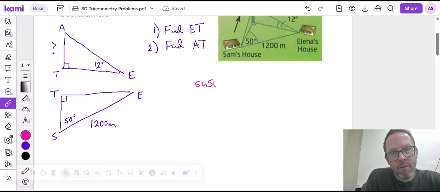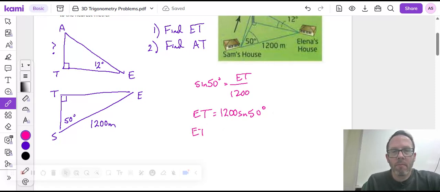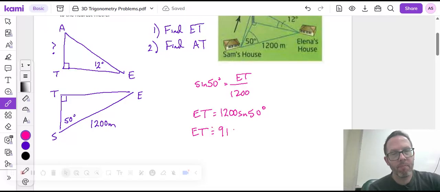Sine of 50 degrees equals ET over 1,200. So ET is 1,200 sine 50, about 919.3. Do you guys get that too? All right.